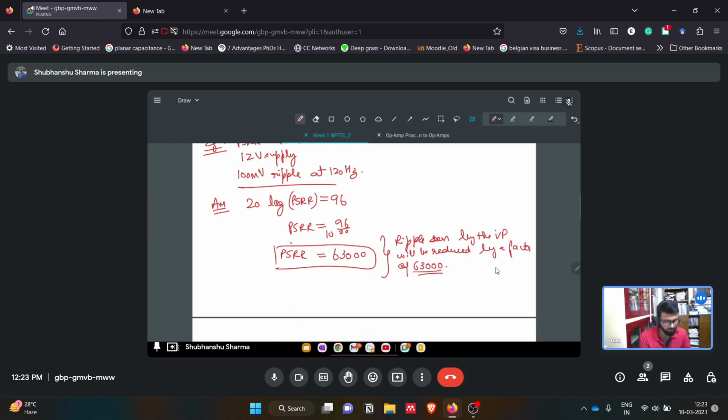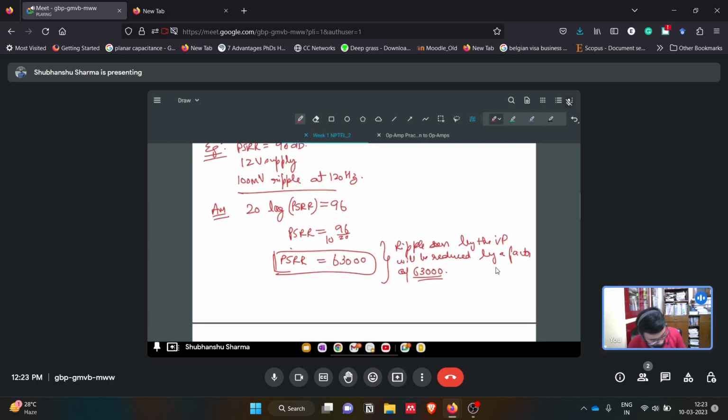This is what PSRR, power supply rejection ratio, means. So if a 100 millivolt ripple came, it will be reduced by 63,000. So we will see only 1.6 microvolt of ripple at the input of the op amp.